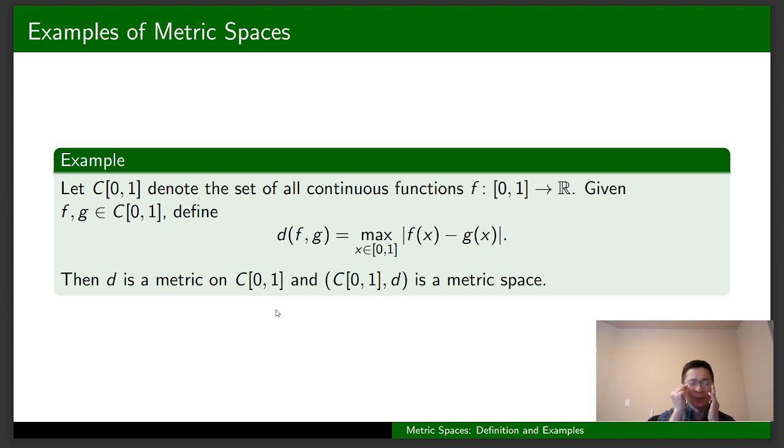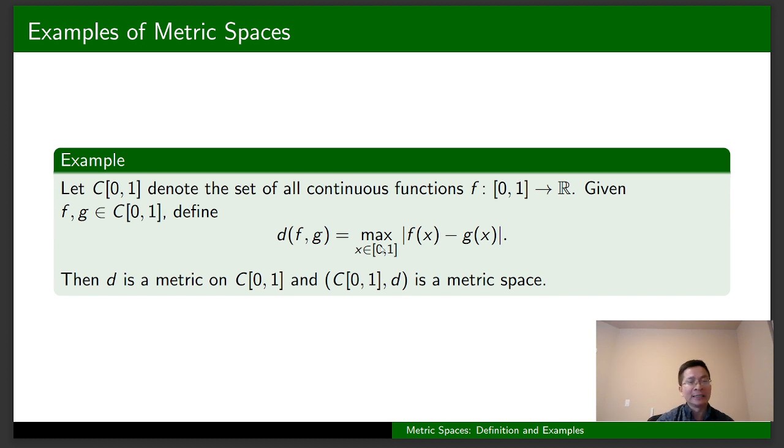In the next example, we are going to define a metric on the set of all continuous functions defined on the closed bounded interval [0,1]. Given any 2 elements f and g in C[0,1], we define d(f,g) by taking the maximum of the absolute value of f(x) minus g(x), where x runs over this closed bounded interval.